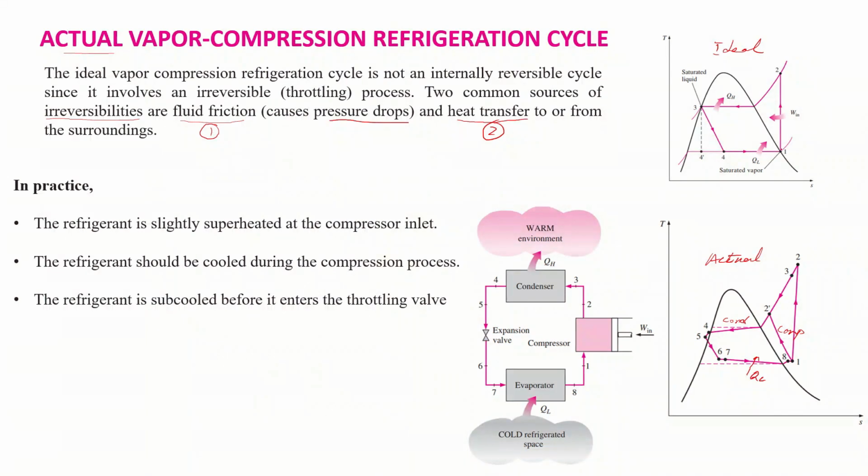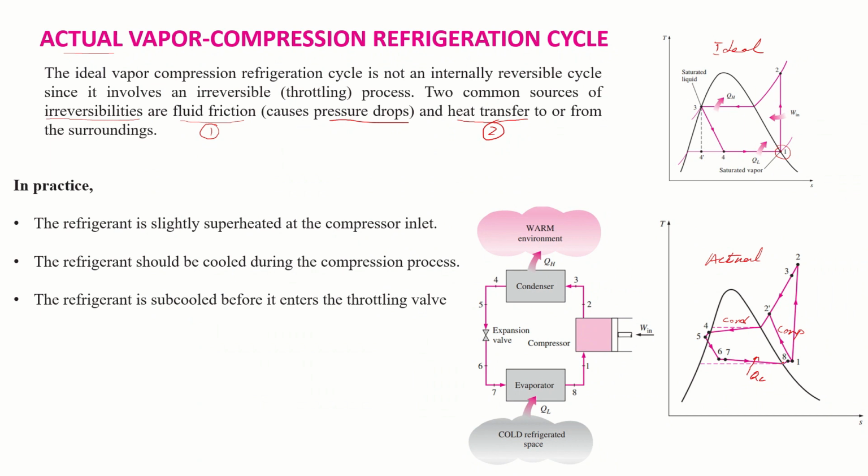In the ideal cycle, when the refrigerant exits the evaporator, it is fully vapor, but in practice we cannot know that it is fully vapor.